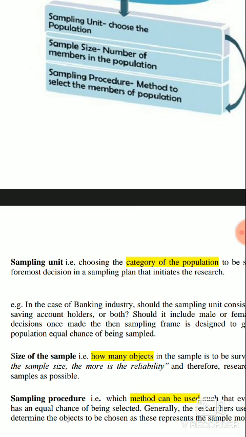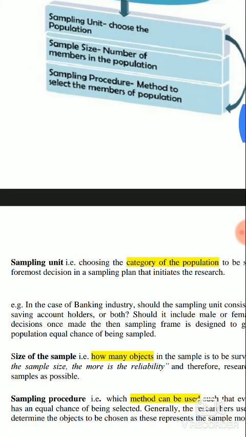Sample unit consists of categories. Take an example like a bank. It has different categories of customers: customers from the loan side, customers from the fixed deposit side, and customers from the banking transaction side, cash transactions.